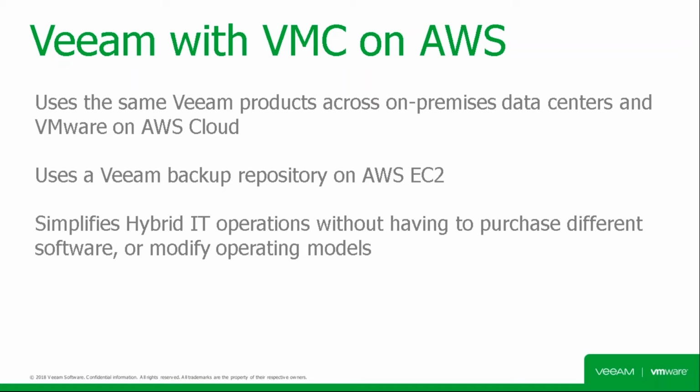We want to move it off into a different environment. It's the same product, and you use it in the same exact way. You don't need to modify your operating model, so it makes things very easy if you're an existing Veeam user today. When you consider going to VMC, you don't have any operational changes. So let's go to the next slide, George.